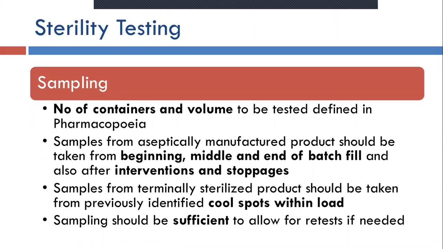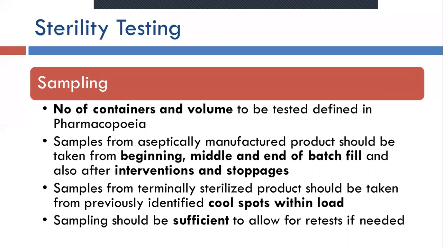During the filling, utmost care has to be taken, because it is not terminal sterilization; the sterile product is being filled in sterile containers. So maximum care has to be taken, with zero margin of error.